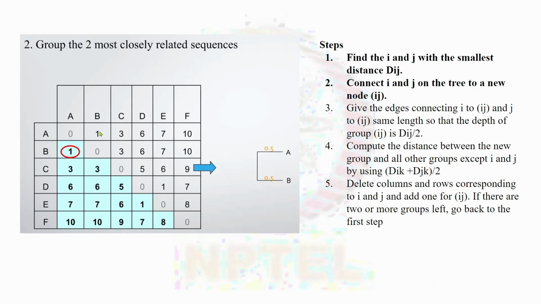So 1 is the distance between A and B and between E and D. Since we can start from any one, again I'm starting with A and B. So I have grouped A and B together.